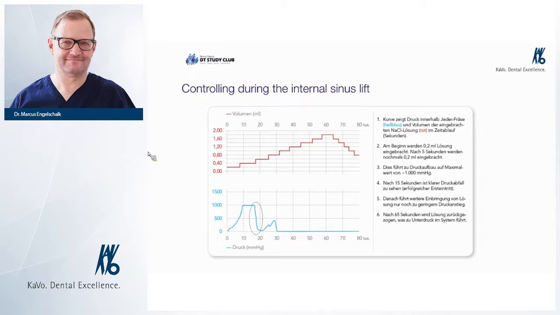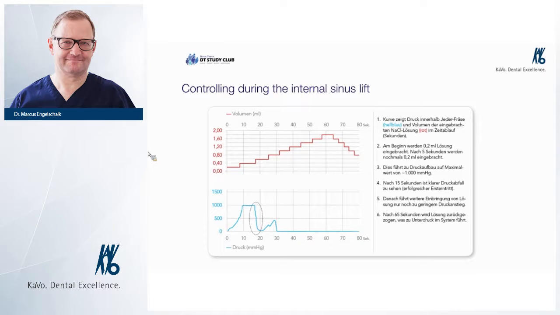So, a short view into the literature, so that you see it's not eminence-based, it's evidence-based. We had a pilot study for this technique, and we saw that the pump generates hydraulic pressure, as I already told you, 1.5 bar.